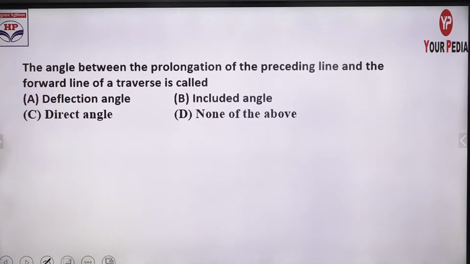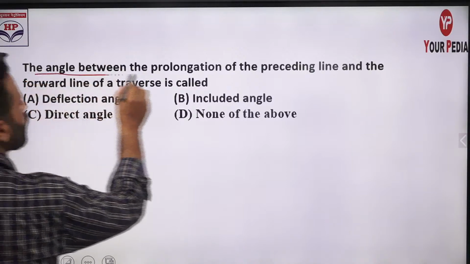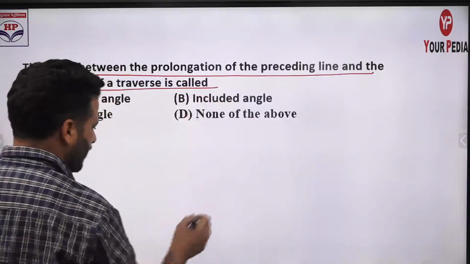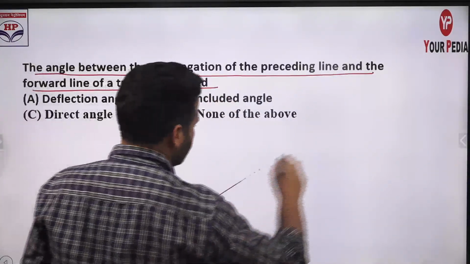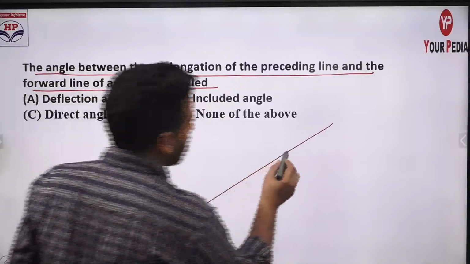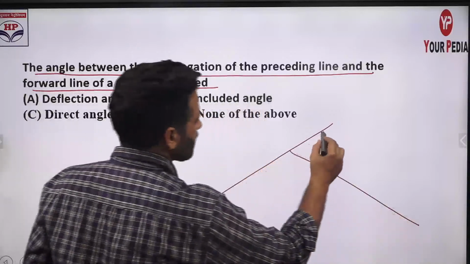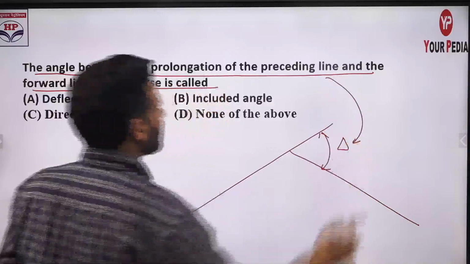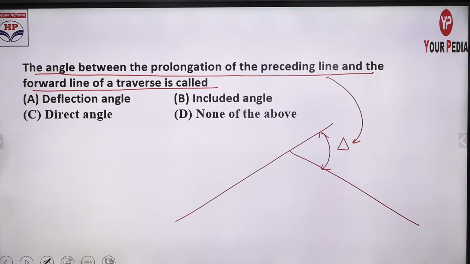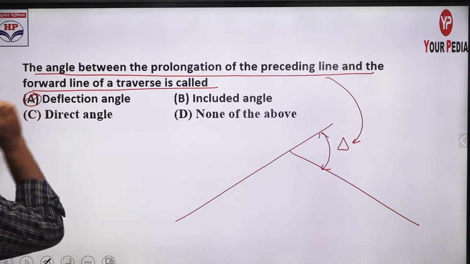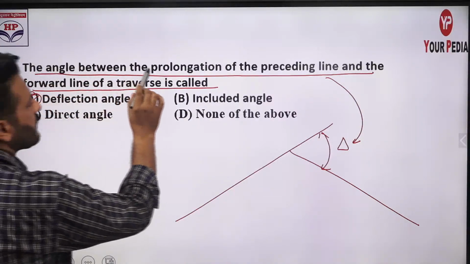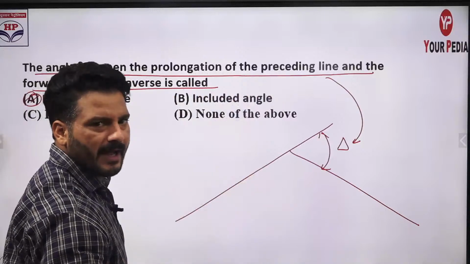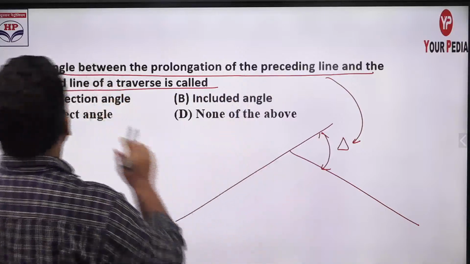Okay, next question. The angle between the prolongation of the preceding line and the forward line of a traverse. Suppose here we have this preceding line and here we have this forward line. This angle the examiner is asking about is your deflection angle. I am reading the question again: the angle between the prolongation of the preceding line, the backward tangent line, and the forward line.